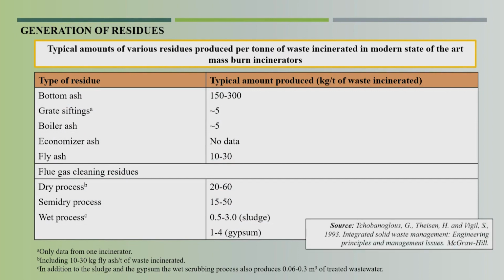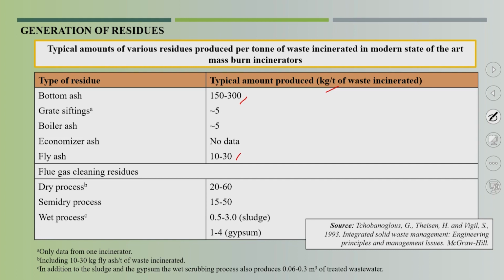Now, the generation of residues, the quantity, that is the important one. This is one of the very good books to read about incineration facilities. Here you see the typical amount produced, in kg per ton of waste incinerated. The bottom ash is 150 to 300 kg, and the fly ash is 10 to 30 kg per ton of waste incinerated.